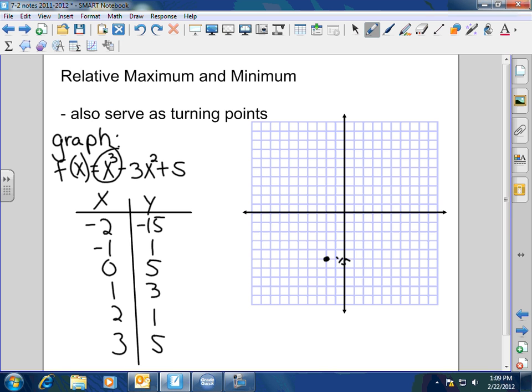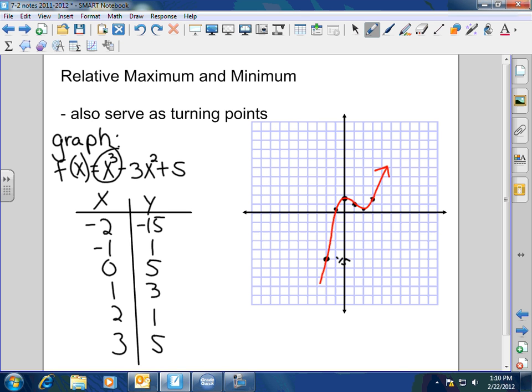Then negative 1, 1 would be about right there. 0, 5 is going to be about right here. 1, 3, we're going by threes, right? Then we've got 2, 1, which is about right there, and then we've got 3, 5, so it's about right there. Now I know this is going to go down and up, so I've got enough for my pattern here.